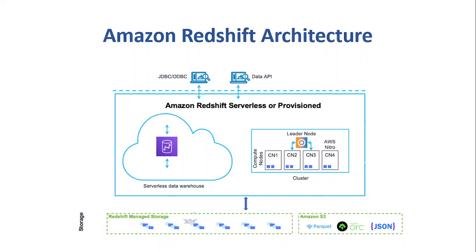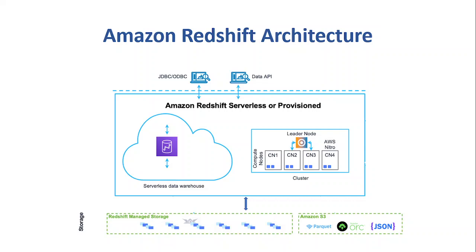On the other hand, compute nodes are the actual workhorses of the Redshift cluster. They handle query processing, data storage, and parallel execution. Each compute node consists of CPU, memory, and local storage. Here we can see a few blue dots. These are called compute slices.